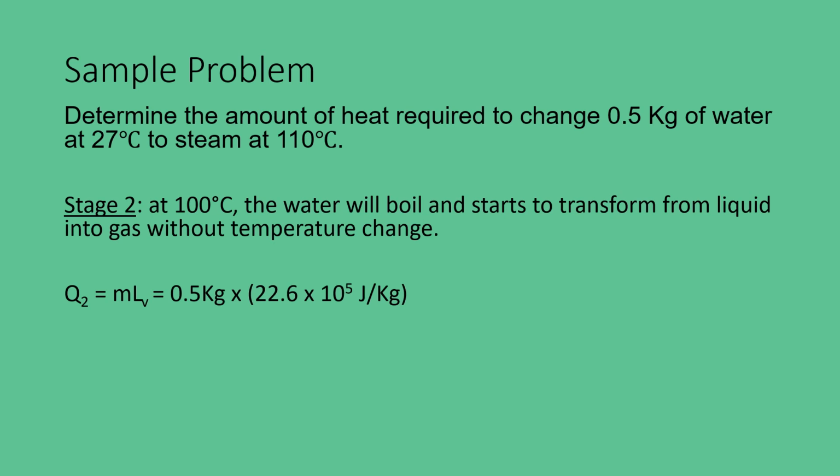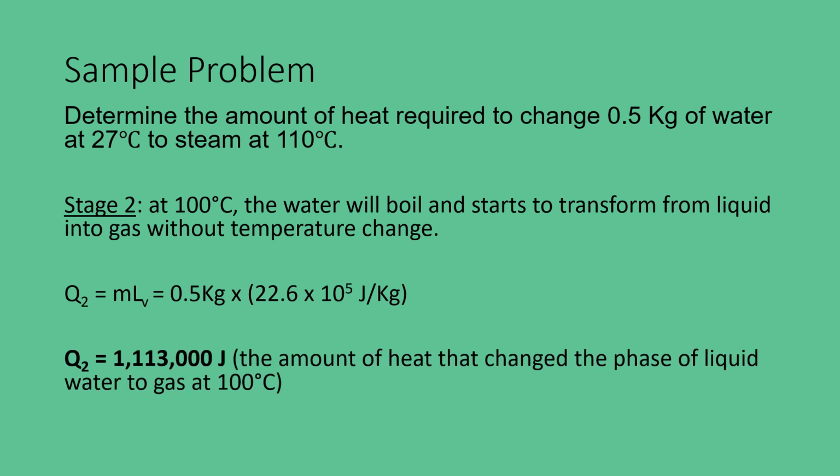So that is 0.5 kilograms times its latent heat of vaporization, which is 22.6 times 10 raised to 5 joules per kilogram. This will give us 1,113,000 joules. That is the amount of heat that changed the phase of liquid water to gas at 100 degrees Celsius.